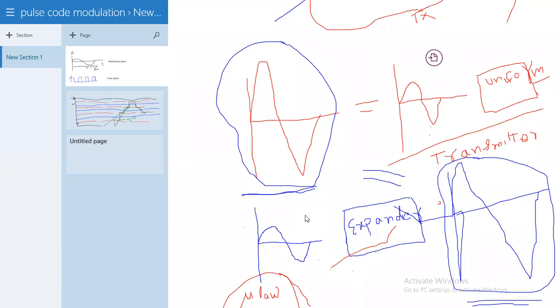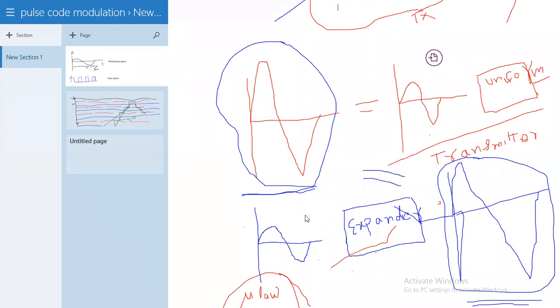Both take place. If there is a weak signal, we amplify it, and if there is a large signal, we compress it. So both characteristics are present in the compressor.